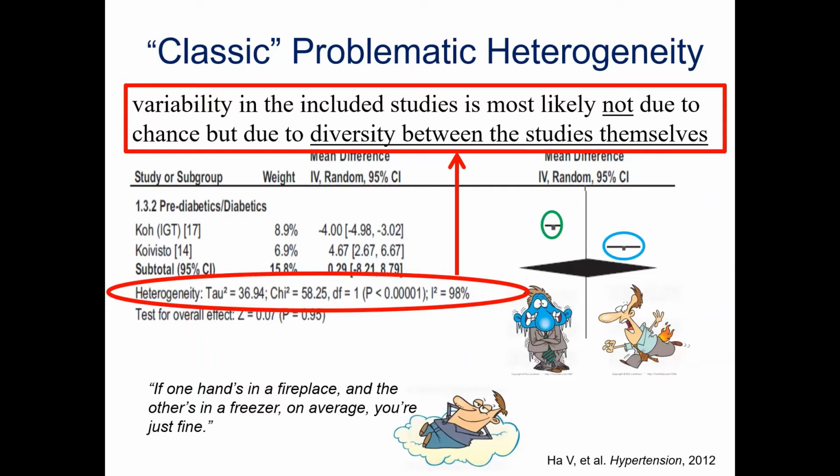Thus, we want to perform sensitivity and a priori subgroup analyses to try to see if we can explain the heterogeneity. So we are looking for the I squared, along with its p-value, in the forest plot to see what the heterogeneity of the analysis is. And the higher the I squared, the more likely that differences between studies are not due to chance, but diversity between the studies themselves.